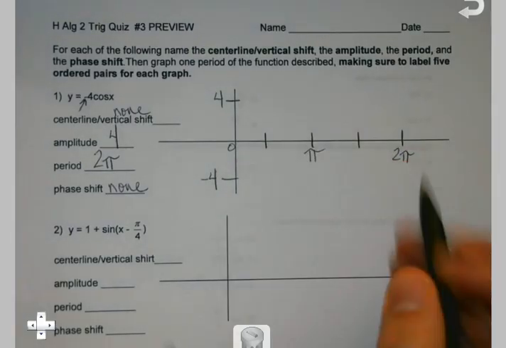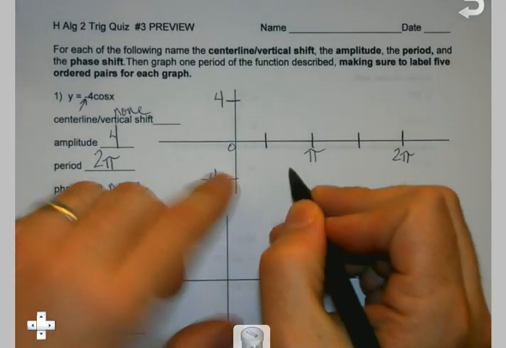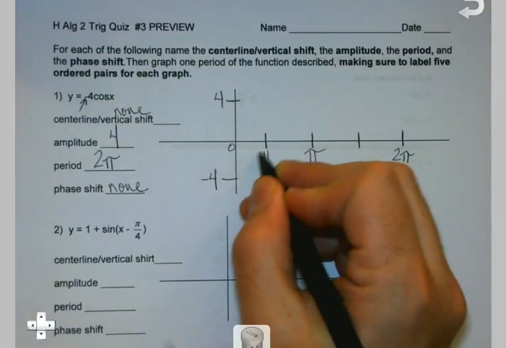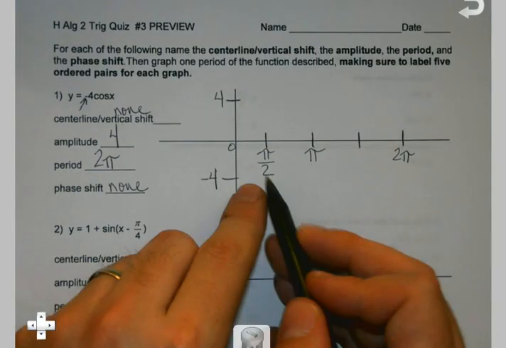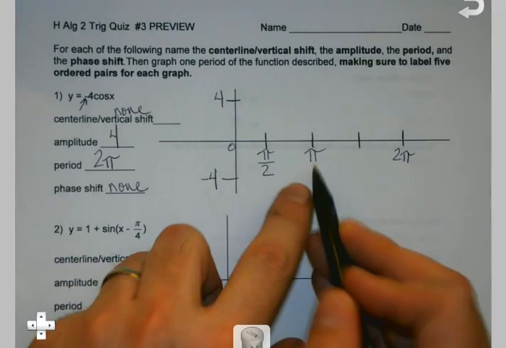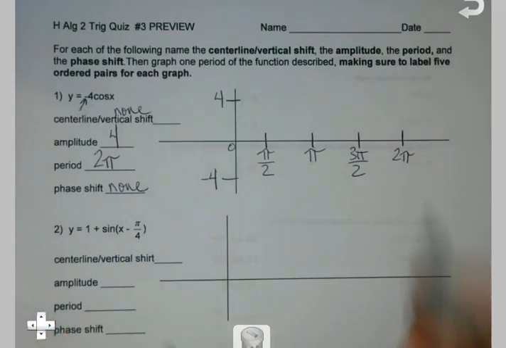Split that in half, in between 0 and 2 pi. Even if that didn't click right away, you could say between 0 and pi is pi over 2. Pi over 2, 2 pi over 2, 3 pi over 2, 4 pi over 2.